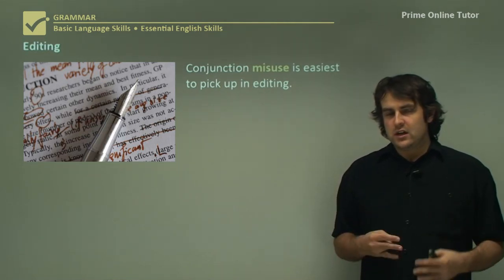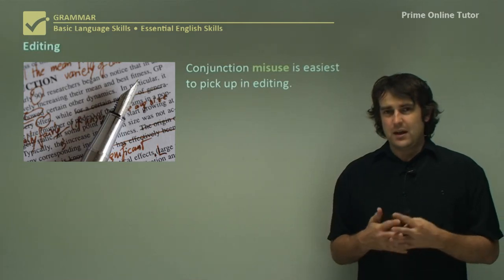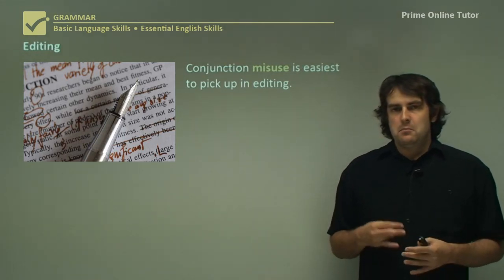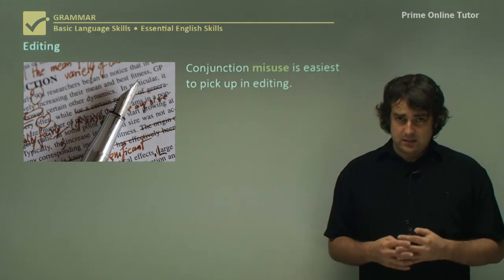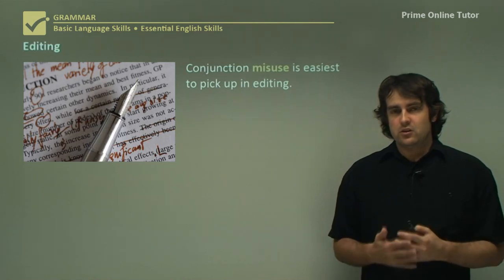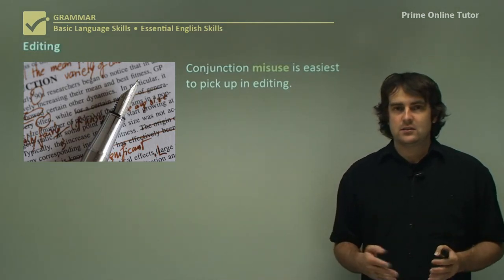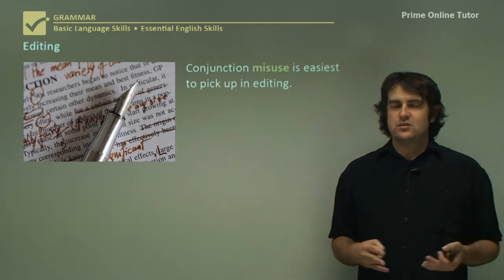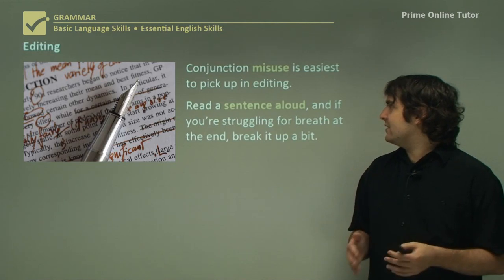If you read your work and you are critical of your work as you go through, it may only take you 5 minutes or so, but it makes it so much more effective, and usually you can bump up your marks heaps just by doing a very quick edit, because not only will your writing actually make sense as opposed to not making sense, but it makes it much easier to correct very simple mistakes. So read a sentence aloud.